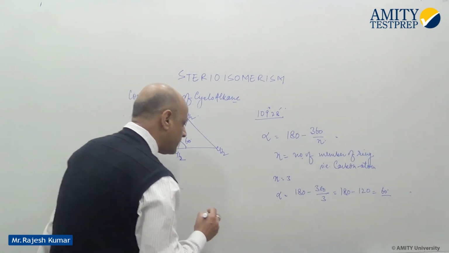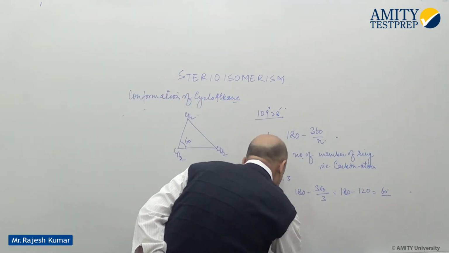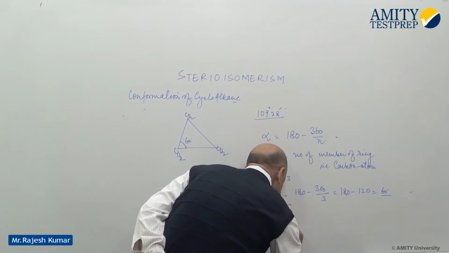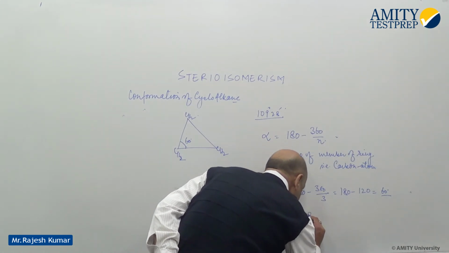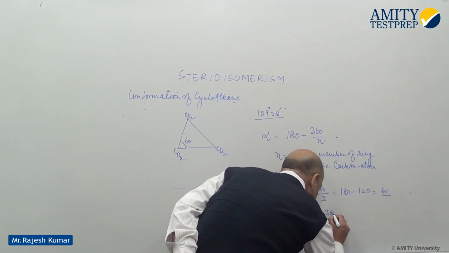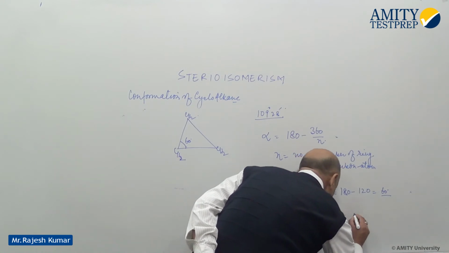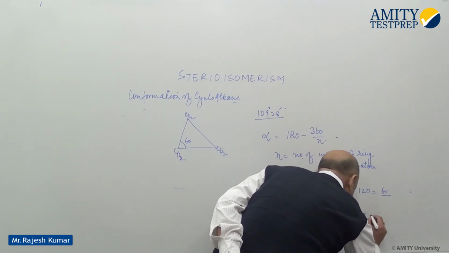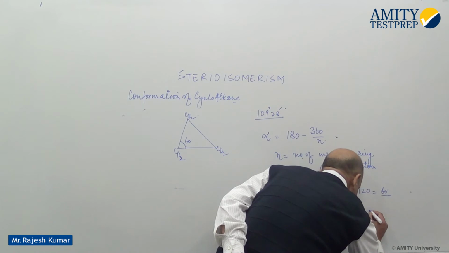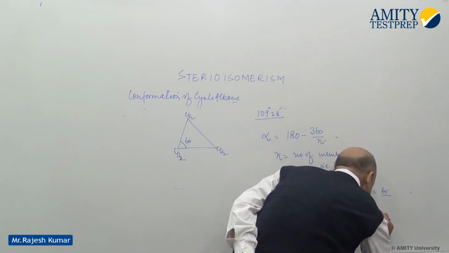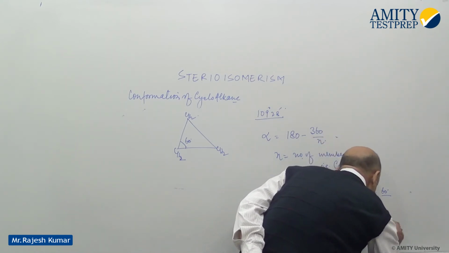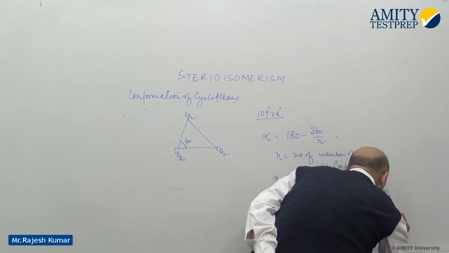Similarly, in a 5-member ring, where n is equal to 5, alpha is 180 minus 360 divided by 5. It will be 180 minus 72, equal to 108 degrees.